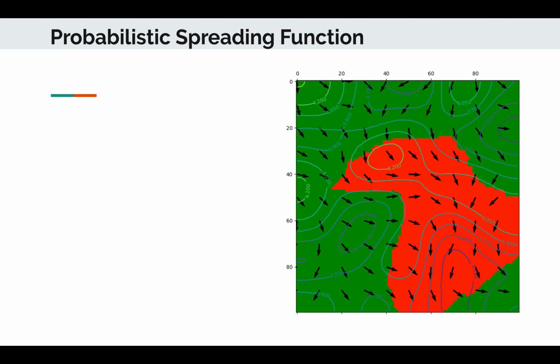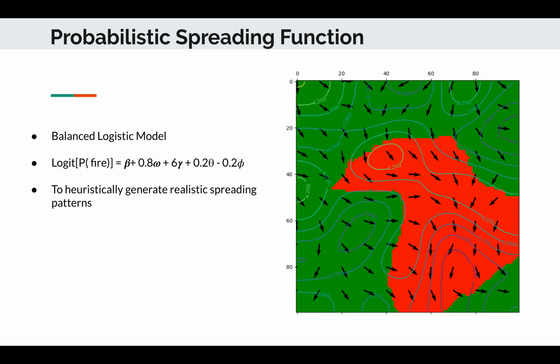The next piece of the model is the function that determines whether or not a site is going to ignite. And so in order to make the fire simulations before any type of learning happens, we're just going to use a naive balanced logistic model. This model's parameters were tuned heuristically just to produce visually realistic spreading patterns, one of which is exampled here.